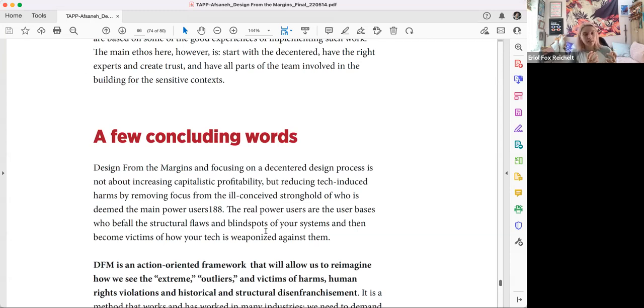A lot of the decentered users or communities are described as sex workers or undocumented refugees, or, you know, things that are evidence based, that you can describe in some way. I don't feel like that's the best way of describing it.